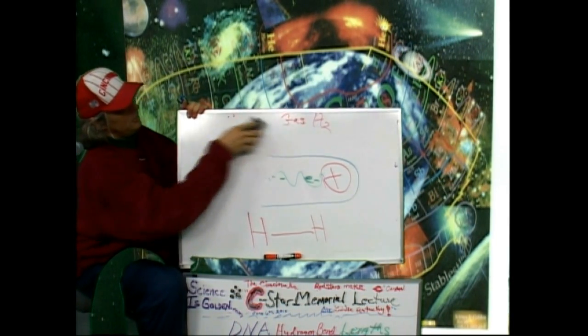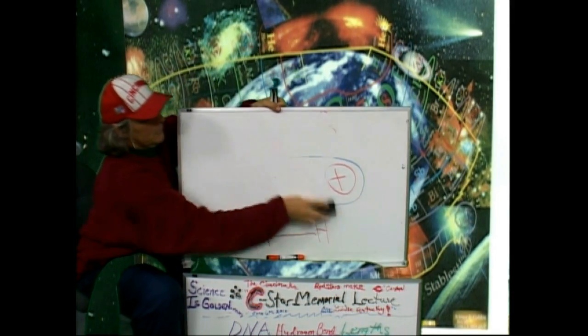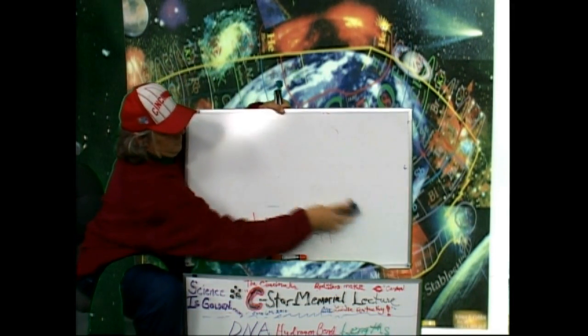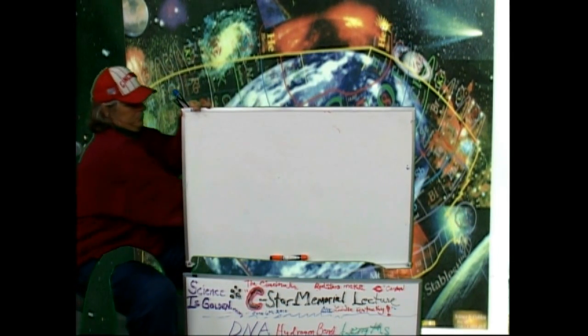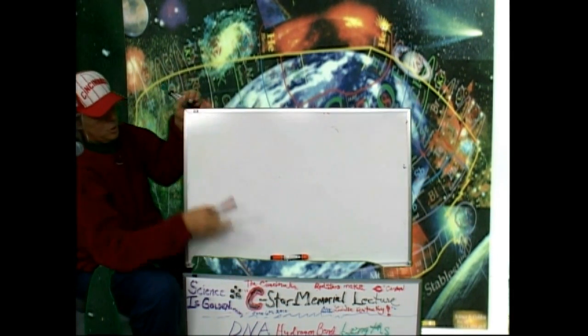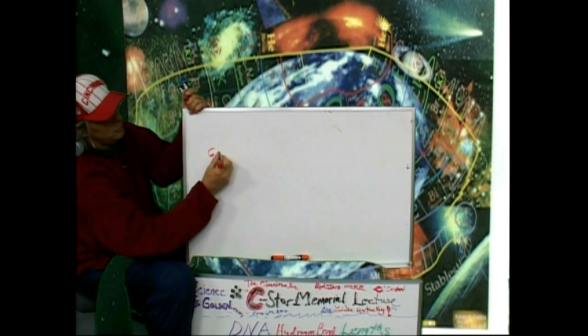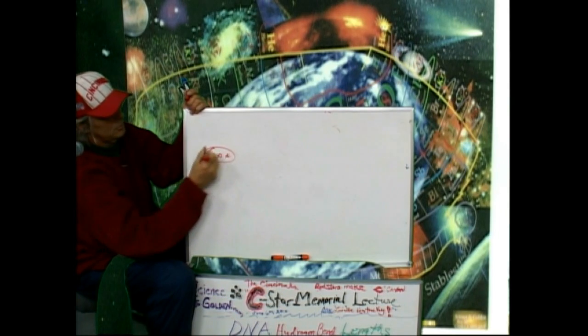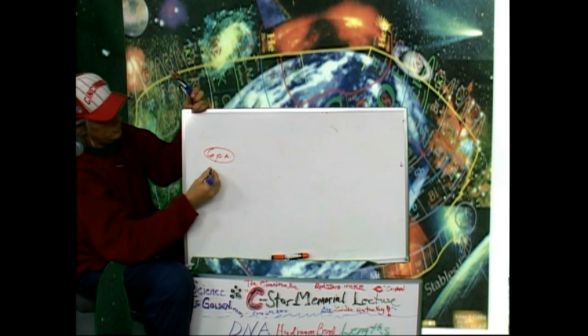So out in space, remember, we were saying the stars are going to make carbon. So the way you would picture a carbon, carbon 12, remember? 6 protons, 6 neutrons, that gives it the mass of 12.